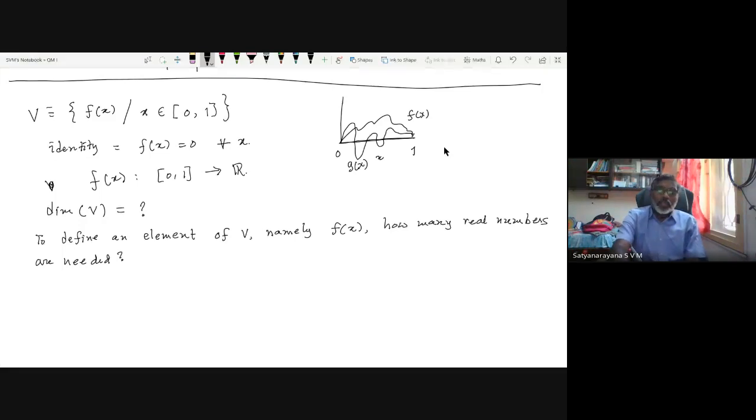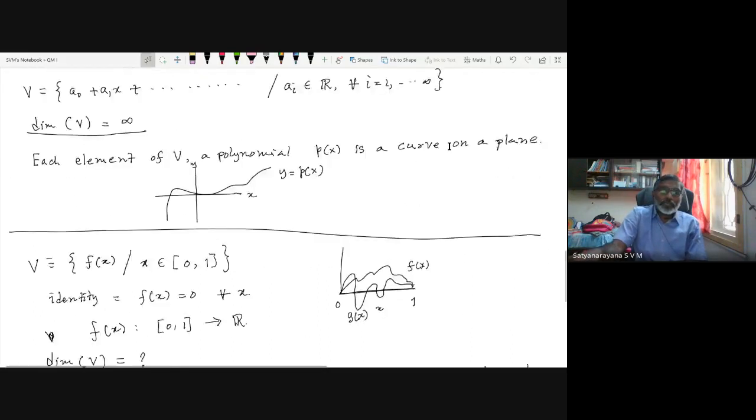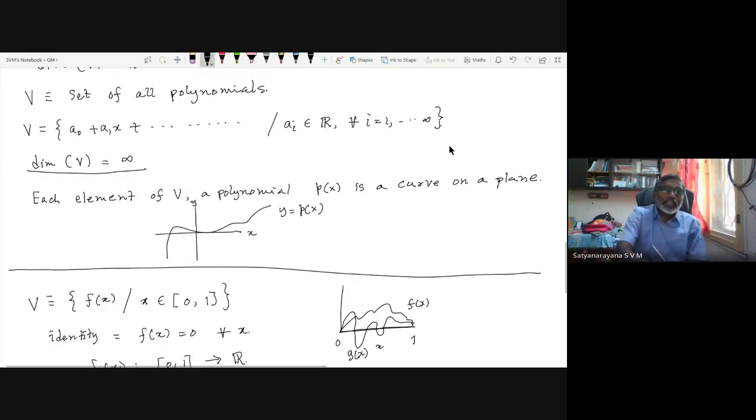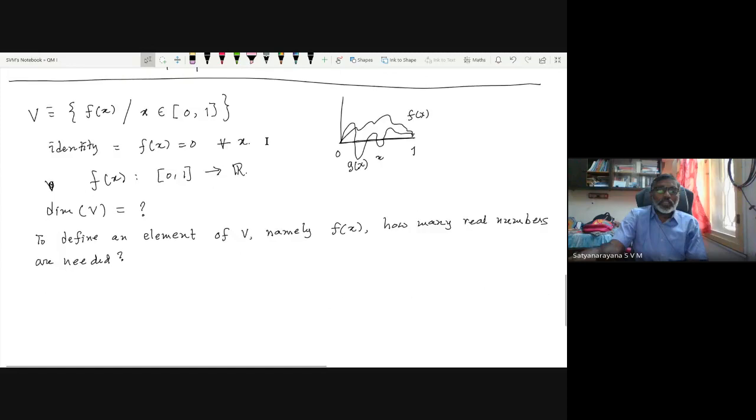Now, this infinity is different from the infinity that we have written here, because that infinity is a countable infinity. That means you require 1, 2, 3, 4 up to infinity. This is a countable infinity. Whereas here, the dimension of V is an uncountable infinity. This infinity is uncountable because between any two there are infinitely many.